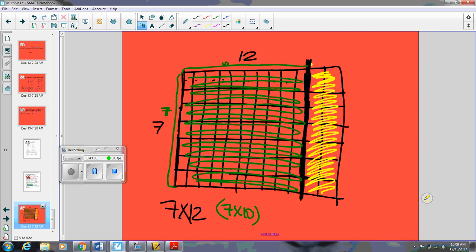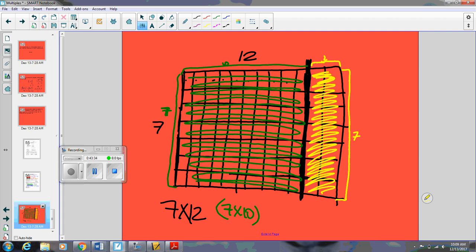So now this section is what? Gabriella? 2. And what about this one? 7. So what is going to be my new array for just this section?